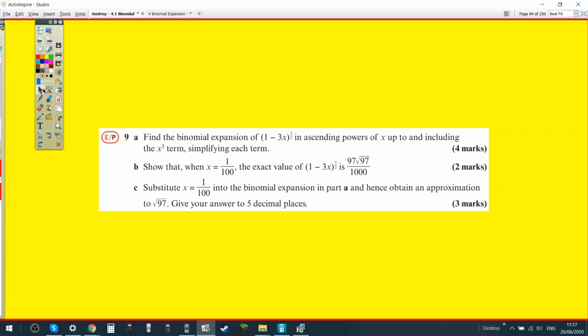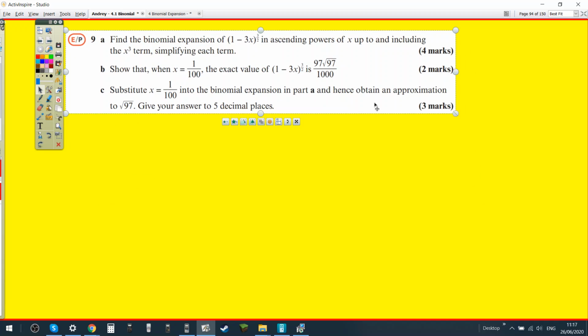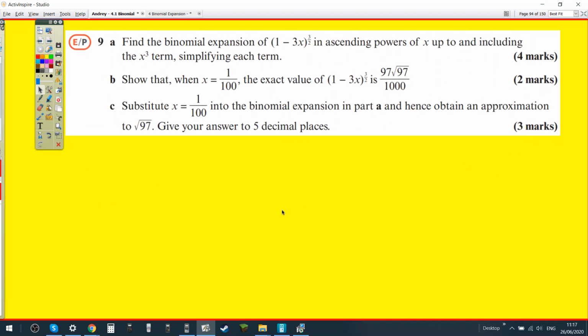Yeah, this one. Hang on. Show that when x is 100, the exact value is this. Let's see. Part A, you just expand the brackets. I think you're going to be okay. Part B, you just sub 1 over 100 into your expansion, and you get this.